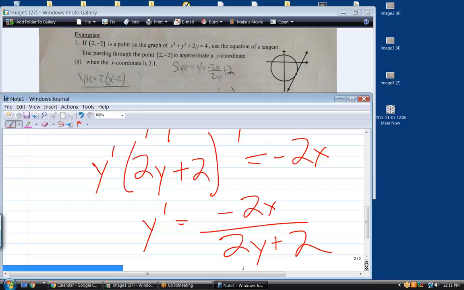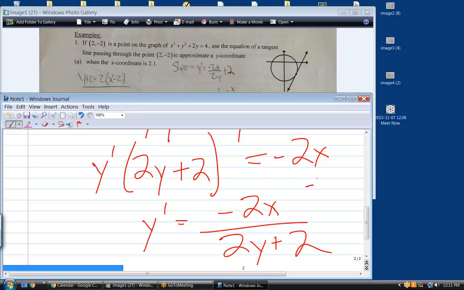Notice that is not what you wrote. Yeah, that's my mistake. In other words, this line needs to go all the way under. Or, excuse me, this plus 2 is in the denominator. It's not being added to that quotient. Okay? So now, what is y prime at this point?